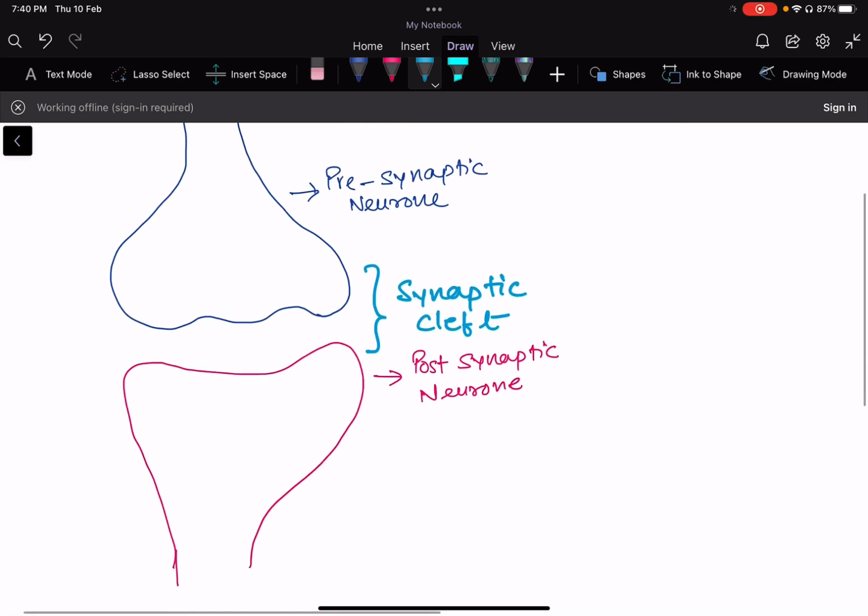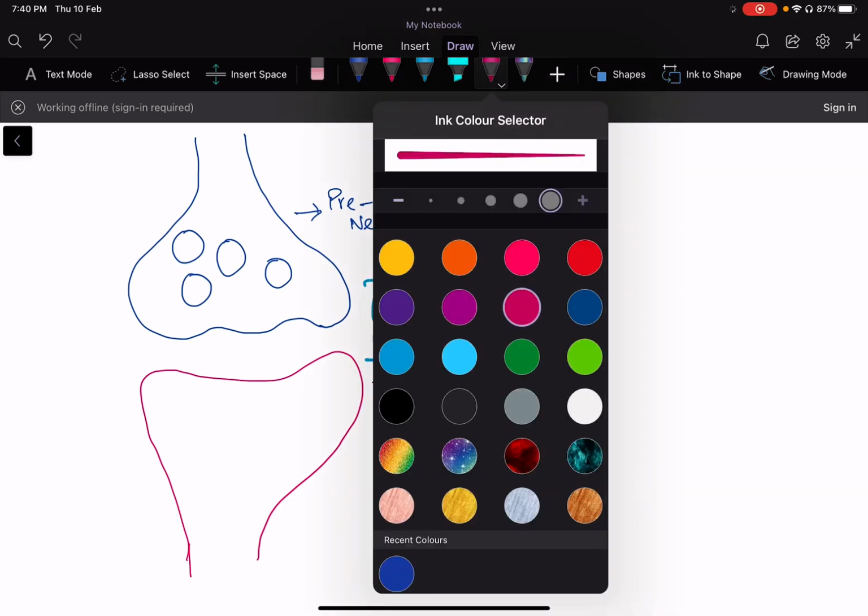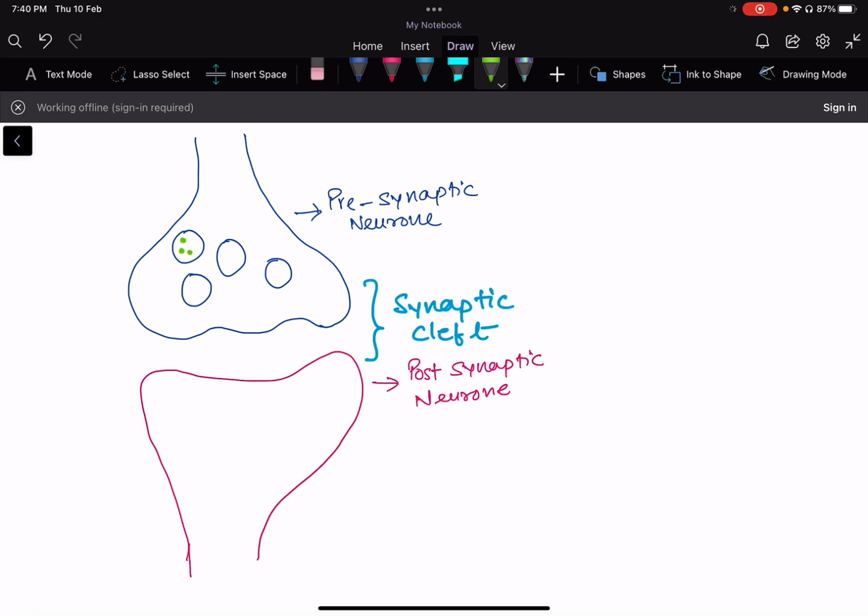Okay. Now, in this presynaptic neuron, there are several vesicles like this, and these vesicles have different types of substances that we call neurotransmitters. These are chemical substances.